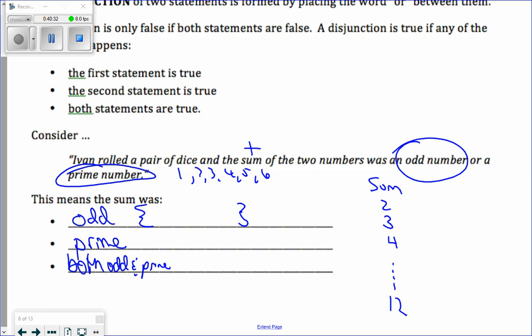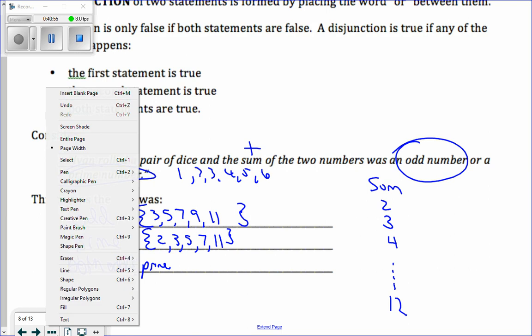So if it's an odd number, that means the sum was a 3, a 5, a 7, a 9, or an 11. If the sum was a prime number, that means it was a 2, a 3, a 5, a 7, or an 11. If it was both odd and prime, look at your two lists here.